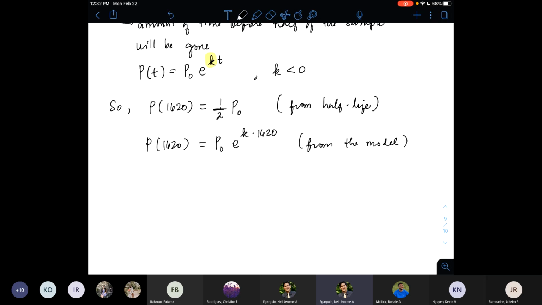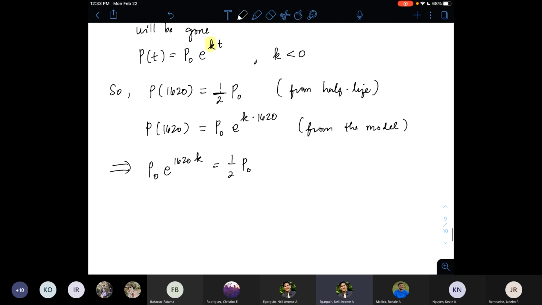So for consistency, the two right-hand sides should be equal to each other. So we impose that P sub 0 e to the 1620k should be equal to 1/2 P sub 0, right? Again, because they represent the same quantity, P of 1620.